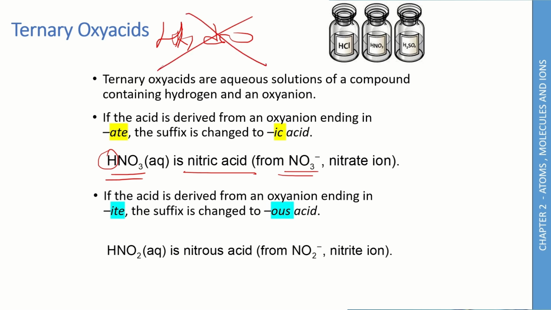Hydro, no. So here, when you have a polyatomic ion ending in ITE, the suffix is changed to ous. If it is ATE, the suffix is changed to ic. Like here, we have nitrite, so this is nitrous acid.